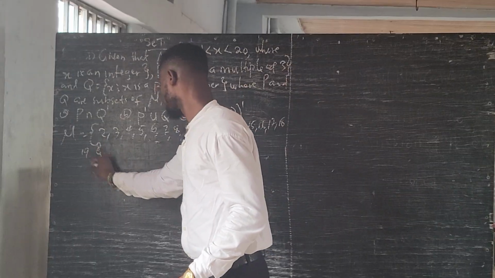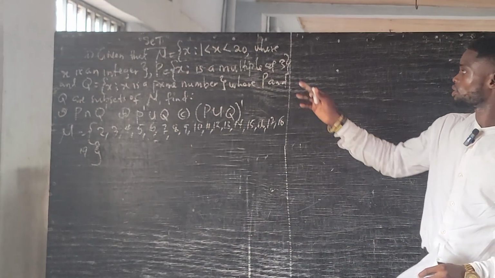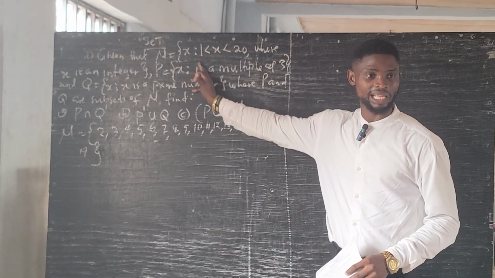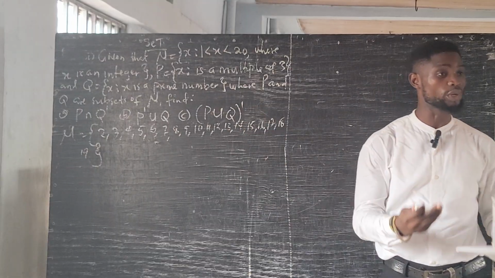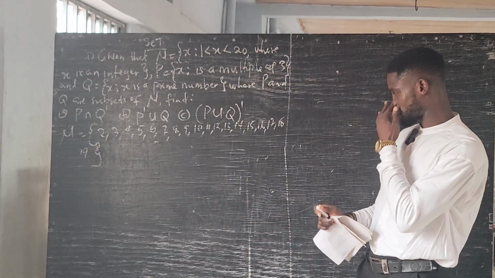Why did we stop at 19? Because they said x is less than 20, so x is not up to 20, so you will stop at 19. That is the first set.